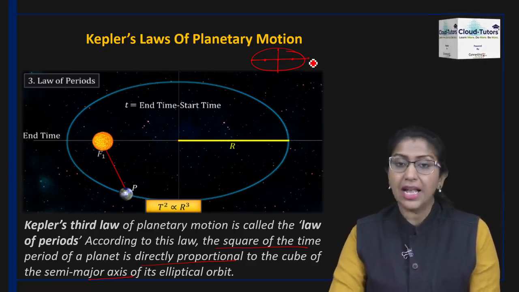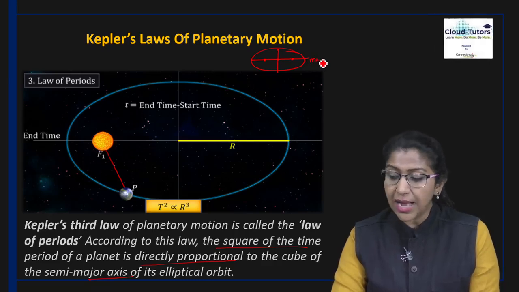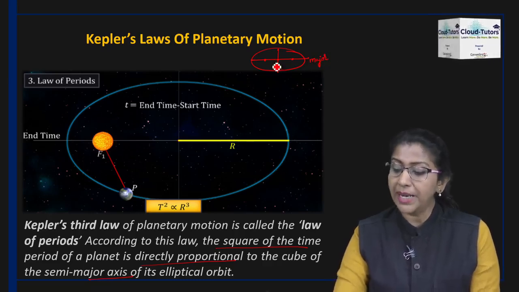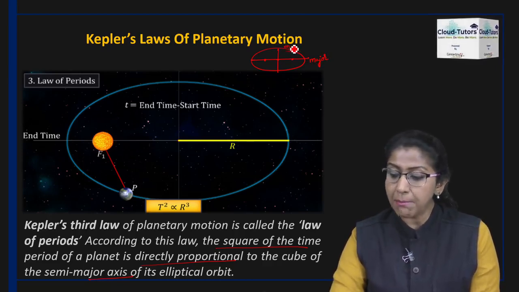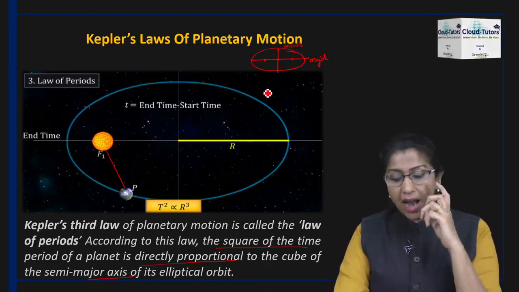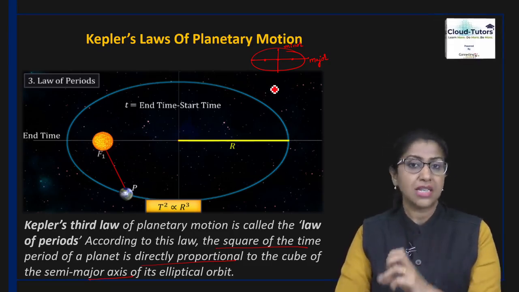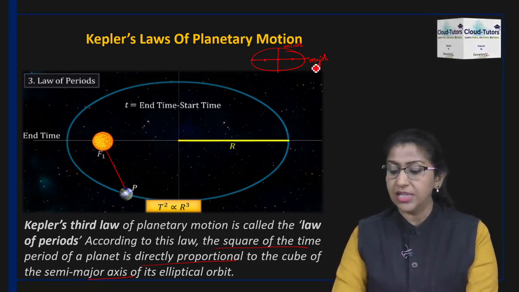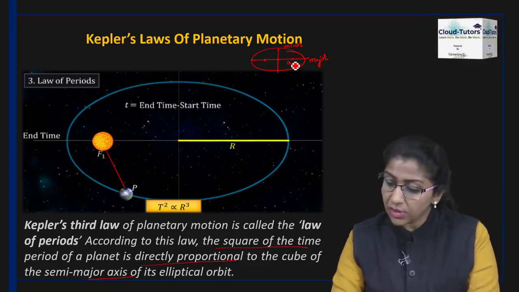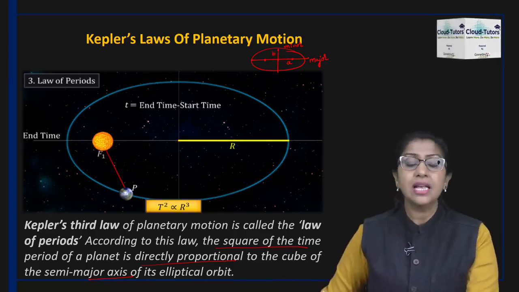The horizontal axis passing through the foci is called the major axis. The one perpendicular to it is called the minor axis. Half of these two axes are called the semi-major and semi-minor axes respectively. The semi-major axis is usually denoted as A and the semi-minor axis as B.